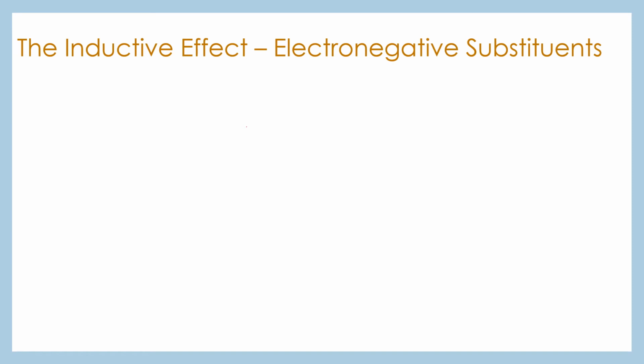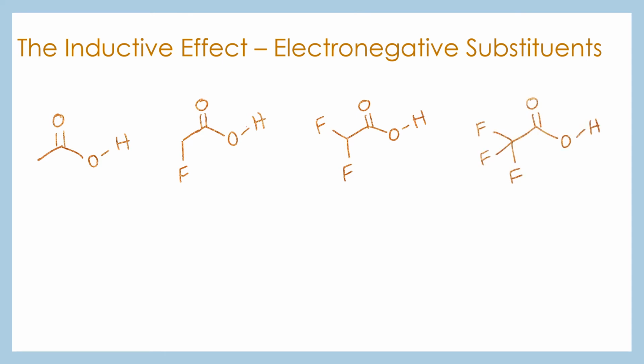The inductive effect also has some pretty interesting effects when it comes to electronegative substituents. So to illustrate this, we're going to look at acetic acid, fluoroacetic acid, difluoroacetic acid and trifluoroacetic acid. We already discussed the effect that the inductive effect has on acetic acid itself.